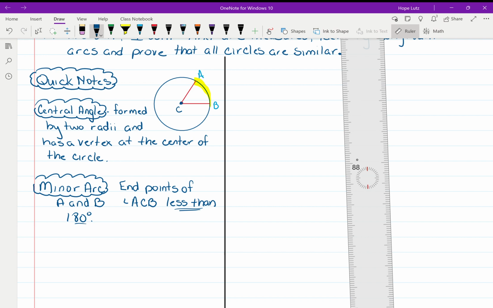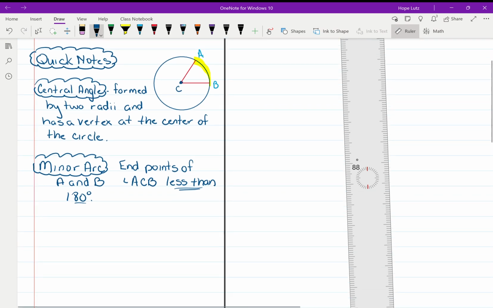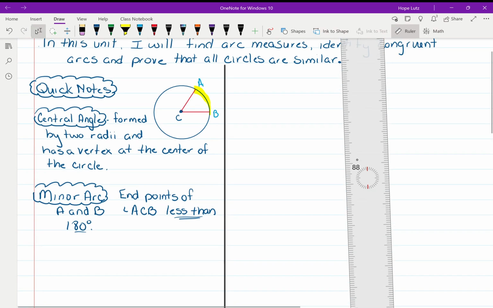Alright, and we know that 180 degrees is half of your circle. So if you want to label this up here, you can label this as minor arc.